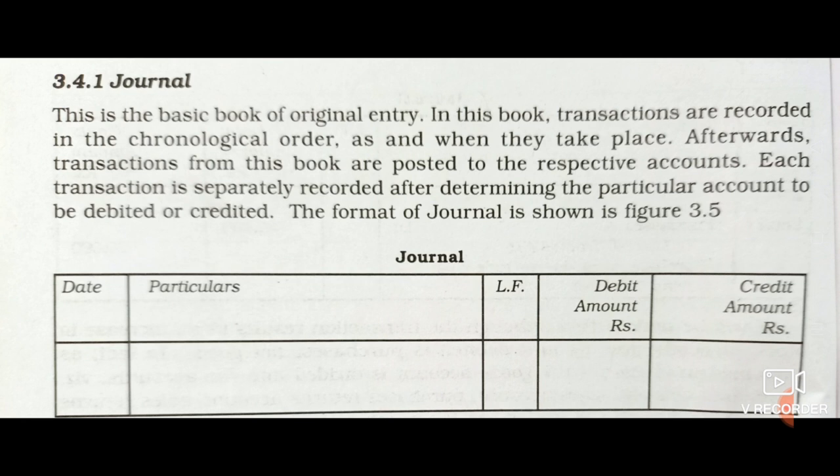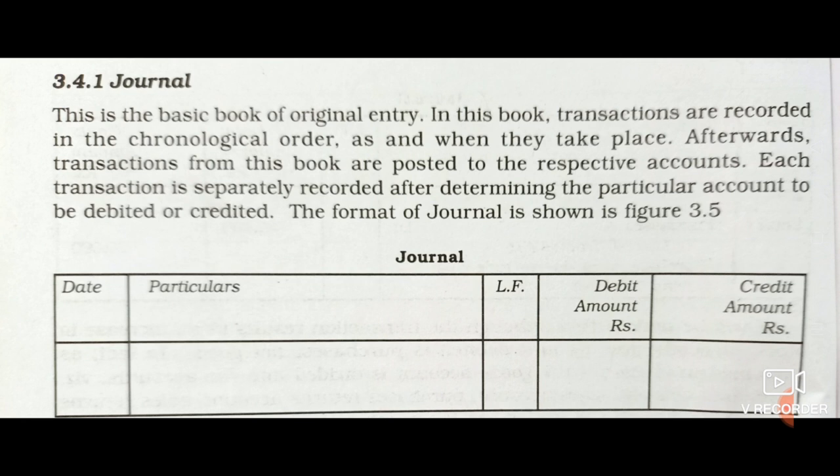The second column is particulars. This column is used to record the two aspects of the transaction, that is, which account is debited and which account is credited. Similarly, after recording the debit and credit of the accounts, the narration will be there.